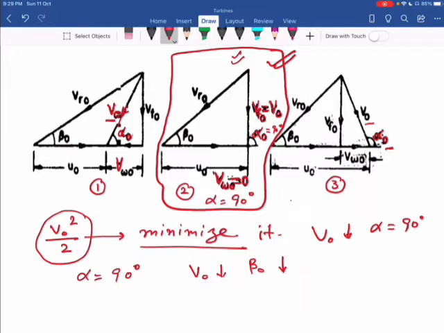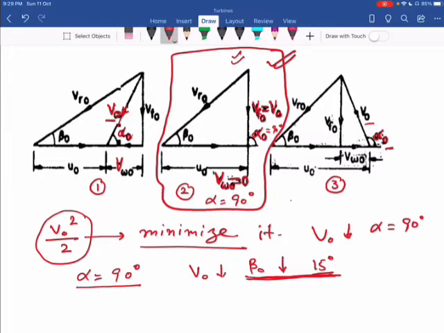So this angle is also kept small, that is in the range of 15 degrees. So keeping these two considerations in mind for the outlet velocity triangle, the first condition is alpha O equal to 90 degree, and then beta O is minimum, that is approximately equal to 15 degrees. So we have the second velocity triangle at the outlet of the Francis turbine.